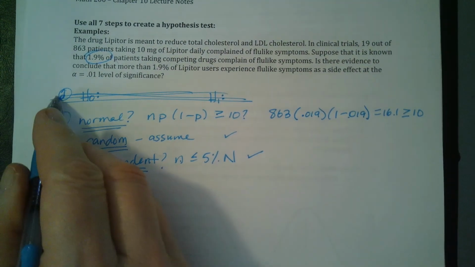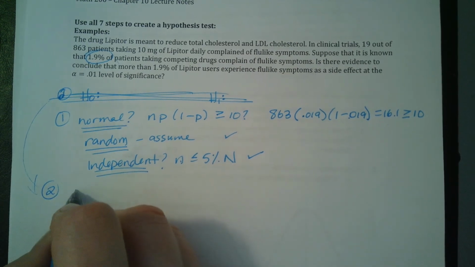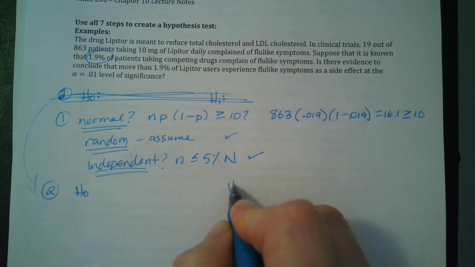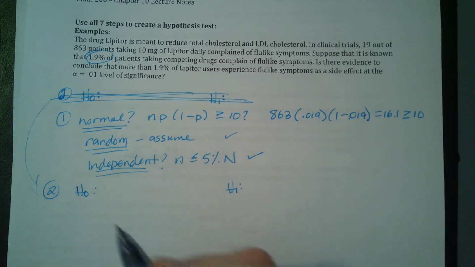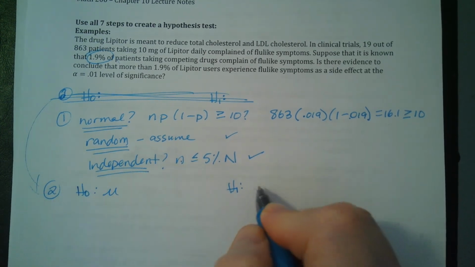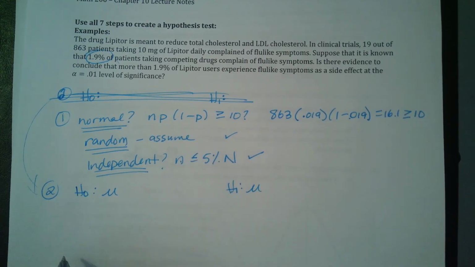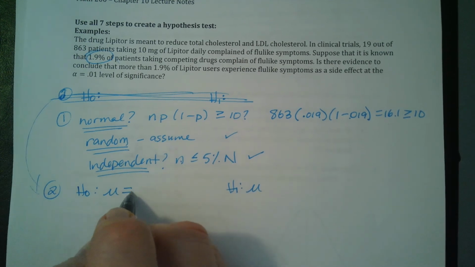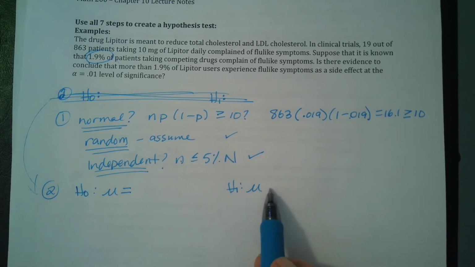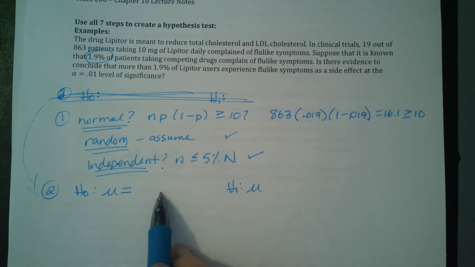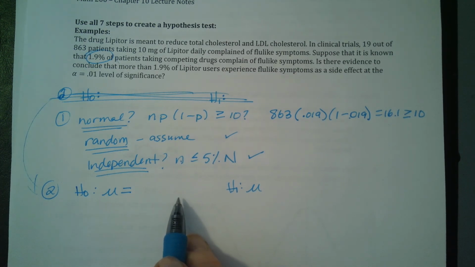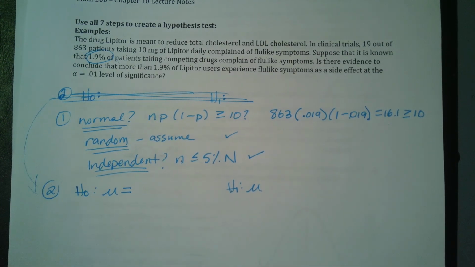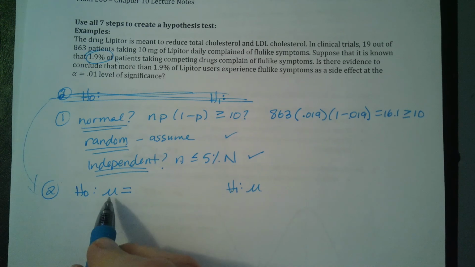Finally, step 2, which I started to do, this is where we make our alternate and our null hypotheses. Now remember, your null and your alternate always start with mu. Your null will have an equal sign and your alternate will have something different. And then they'll both have the same value. So for this one, we're talking about proportion. So we're not starting with mean, we're talking about proportion to start.